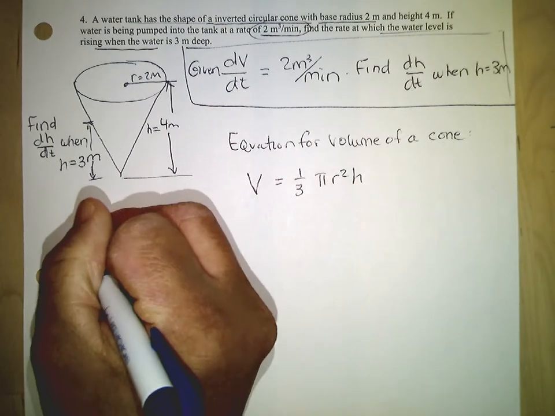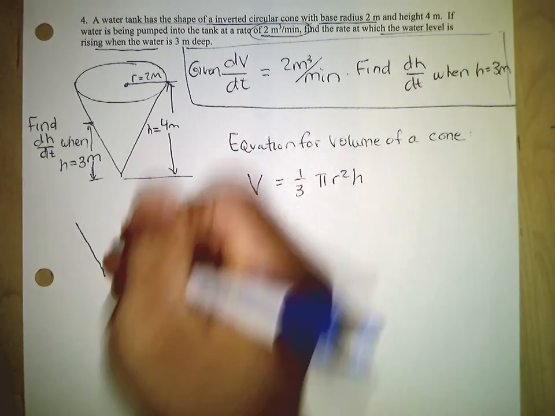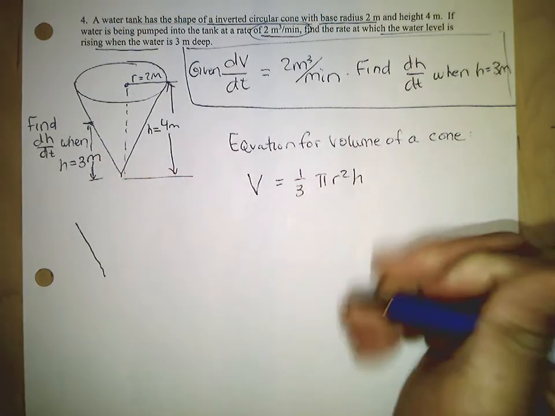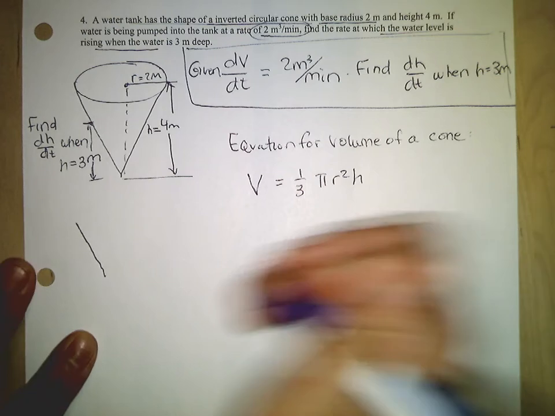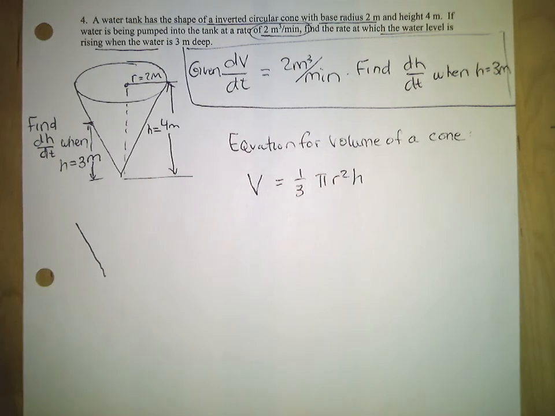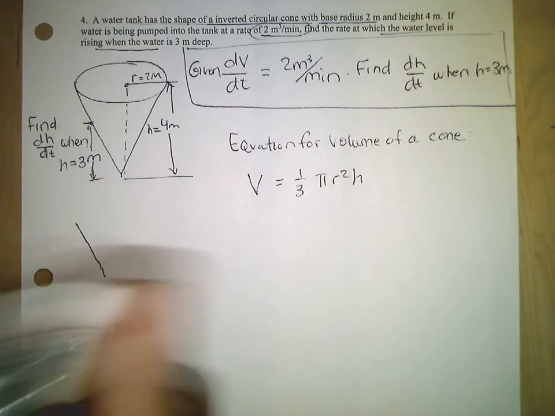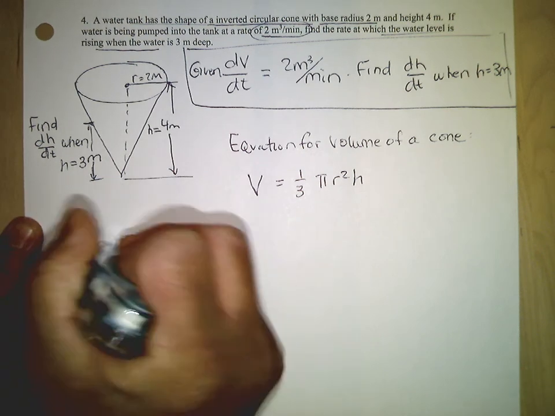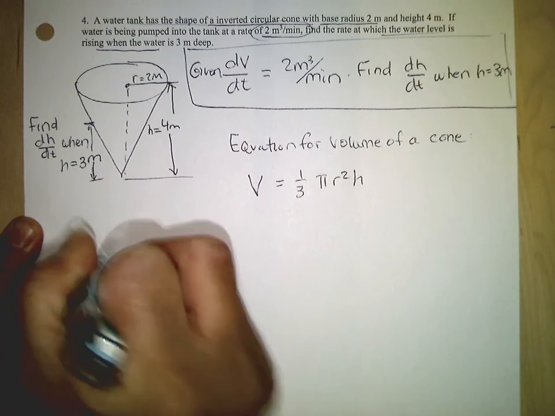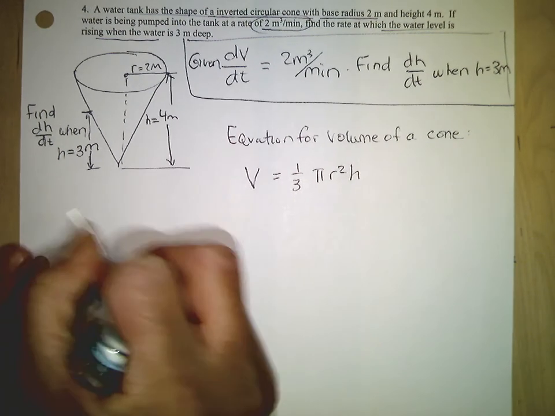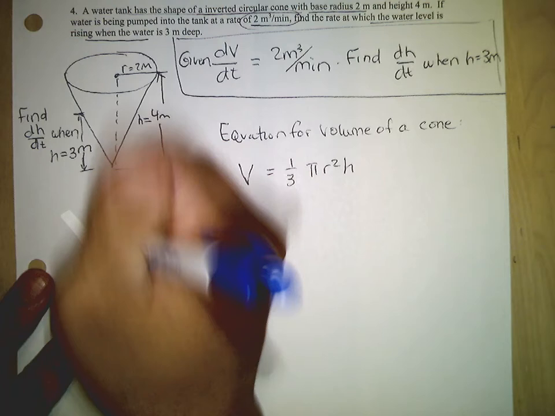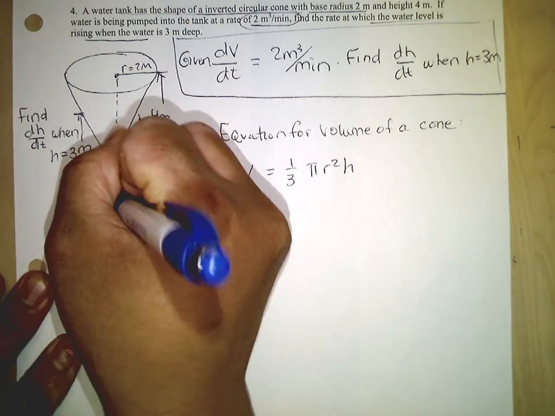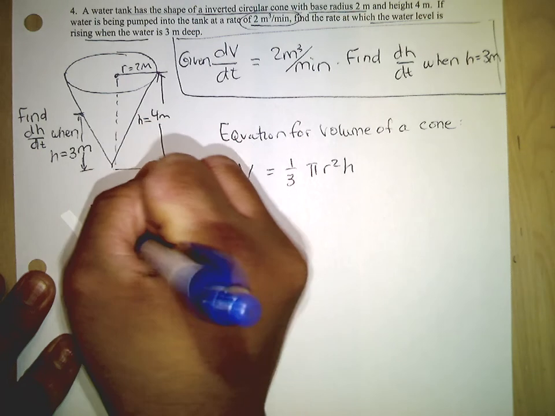All right, so let's look at this as a right triangle here. And if I do that, then I can see that we have a right triangle with an r is 2 and an h is 4.